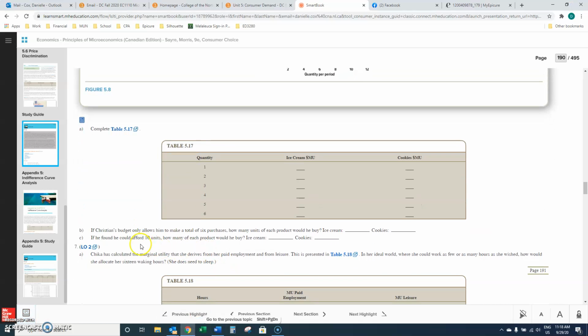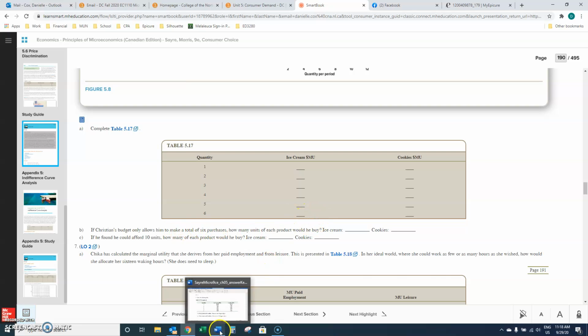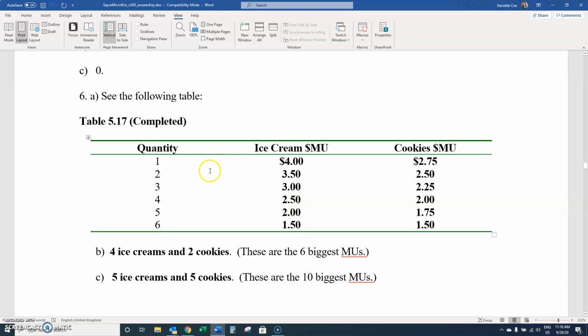Then it asks if his budget only allows him to make 6 purchases, what's he going to buy? How much of each one? If he can only make 6 purchases, for the first purchase, he's going to pick the item with the biggest dollar marginal utility. So he's going to buy an ice cream because it's $4 of marginal utility. Then he's going to pick the next biggest.